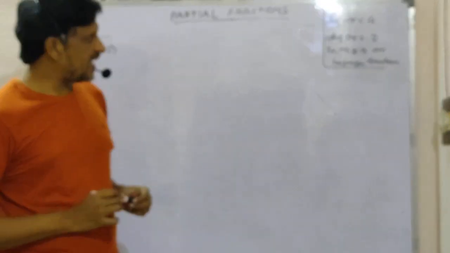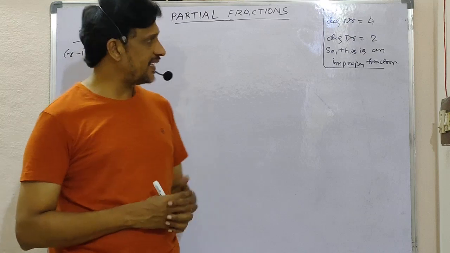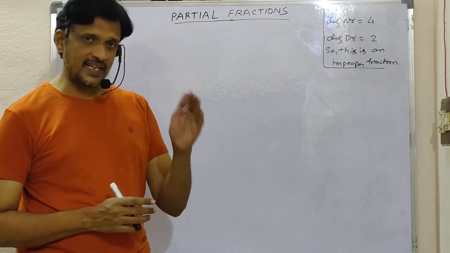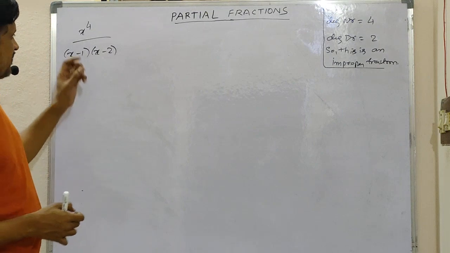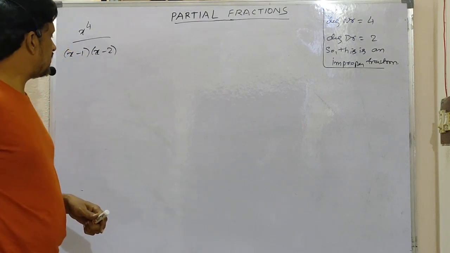So far we got the degree of numerator is less than the degree of the denominator. But here we got it is greater than. If it is either greater than or equal to, that is an improper fraction. So this is an improper fraction. In such a case, when the given fraction is improper, how to write? So observe this one.